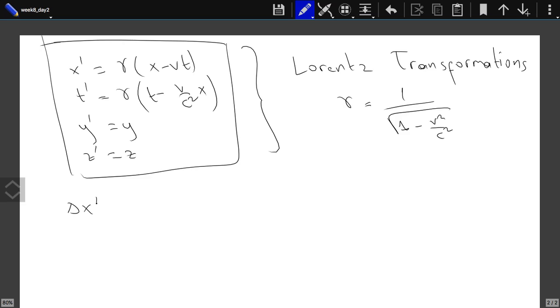Delta x prime is the separation between those 2. Let me just write this first. In this form, delta x prime is delta x minus v delta t. Since I'm measuring length, I have to be measuring them at the same time, so delta t is 0.